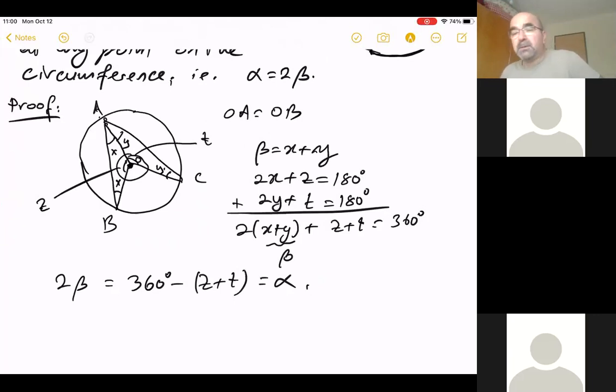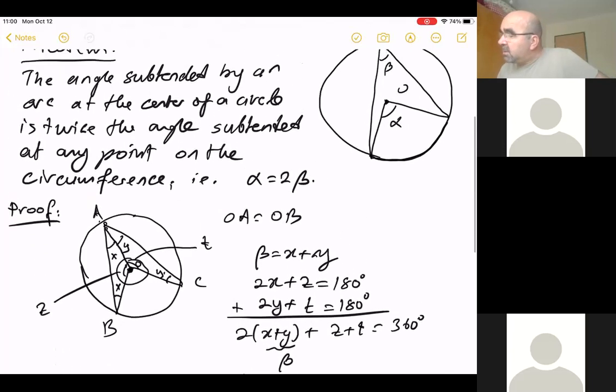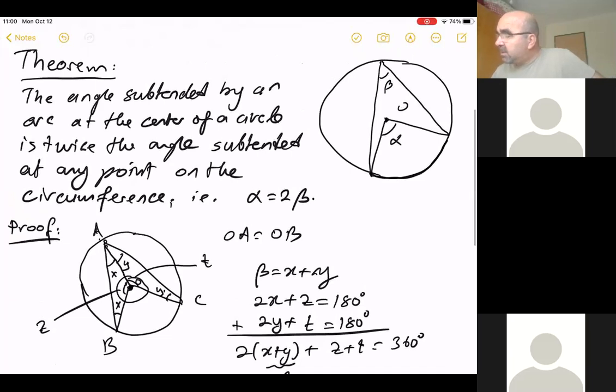So that's the proof of this statement. So we will use this fact all the time. It's a fact that you learn in high school, that if you take an arc on the circle and the angle from the center, the angle alpha, and when you draw this angle beta, then alpha is 2 times beta.